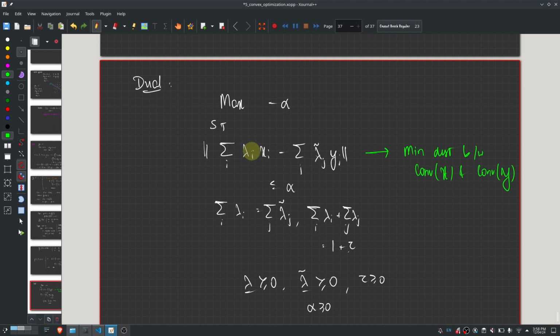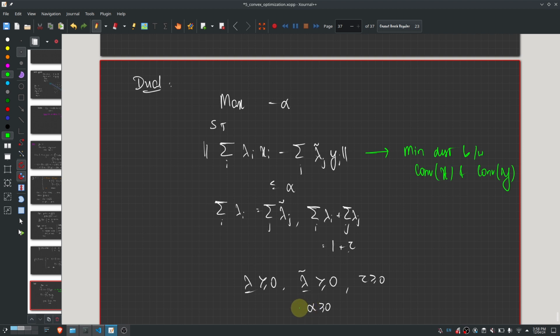So these lambda i's would in some sense give you the convex coefficients which correspond to the two closest points between x and y. You can simplify this and ultimately get another constant in terms of tau and alpha.